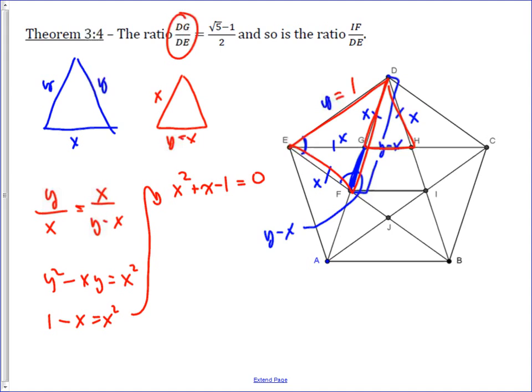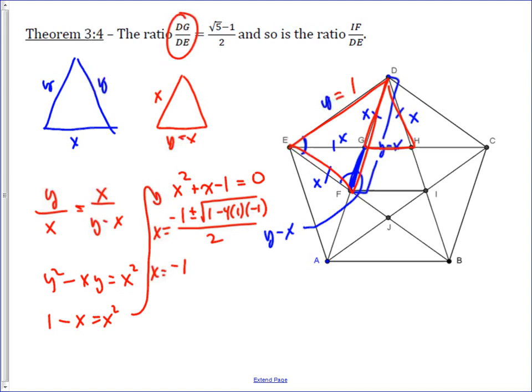So we apply the quadratic formula, and we get negative b, which is negative 1, plus or minus the square root of 1 minus 4 times 1 times negative 1, all over 2. Notice that since it's a negative 1 there and our denominator is positive, the square root had better be bigger than 1 and also positive. If not, you get a negative result, and X can't be negative. X has to be positive. It's a length.